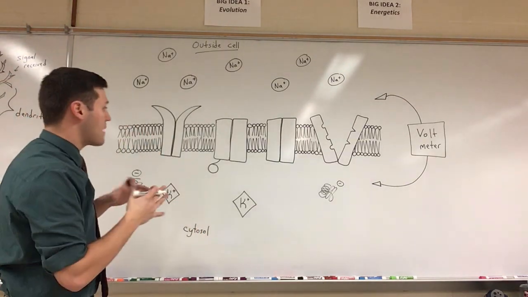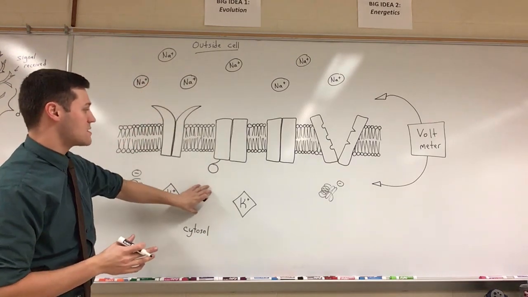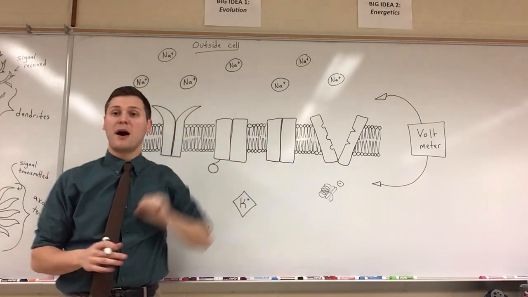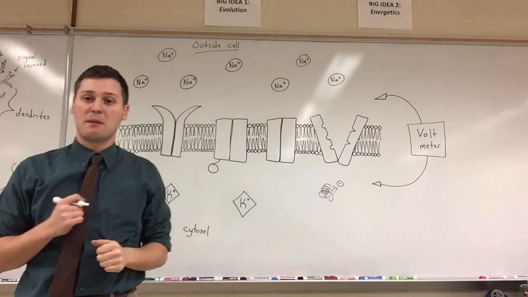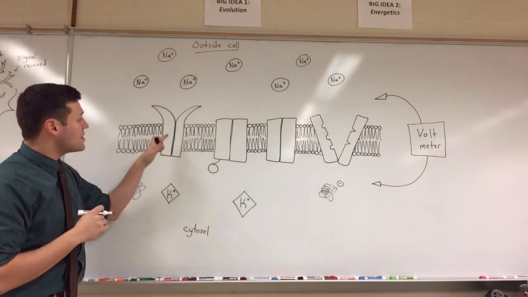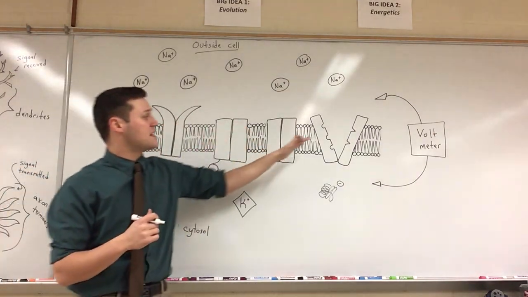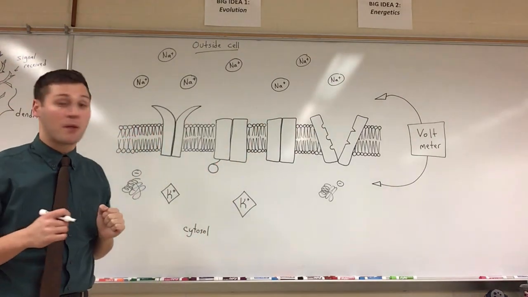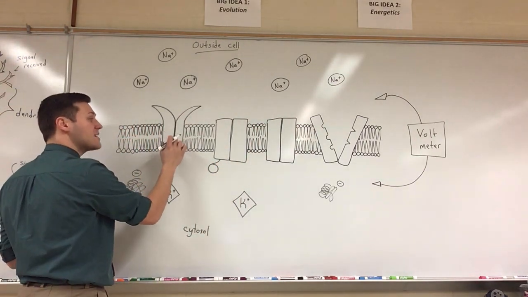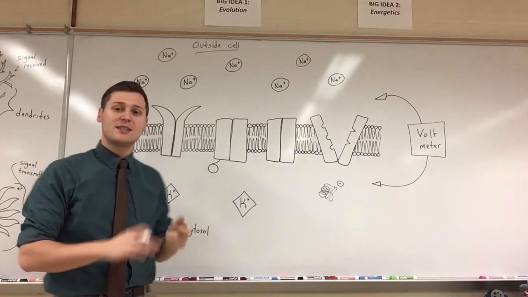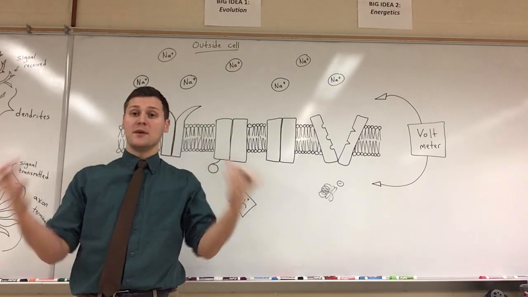So now that we have our bearings, outside of the cell, inside of the cell, here is our phospholipid bilayer that we find in any cell membrane. And if you notice, there are a couple of proteins embedded in the membrane. Here we have a mechanically gated channel. Now when we say gated, that means it opens.